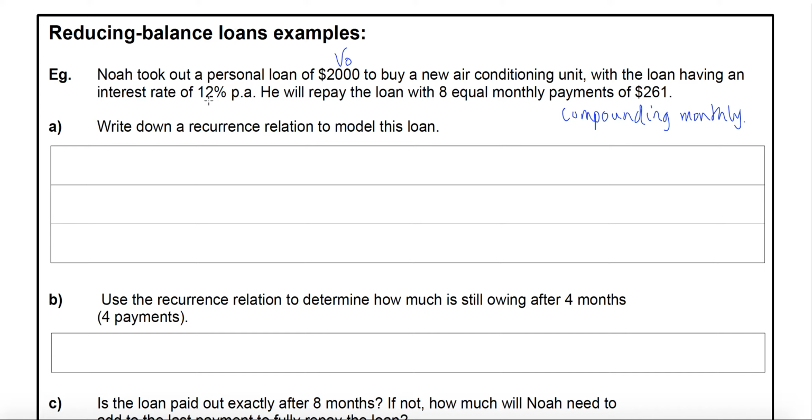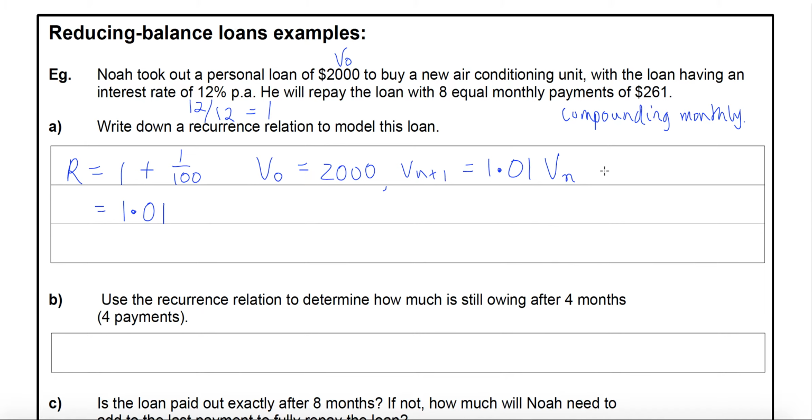Okay, so that means that our rate is actually going to be 12 divided by 12, so we've actually got a rate of 1% per month. Okay, our recurrence relation to start off with. 1.01 is our capital R value. V0 is 2,000, and then of course we're doing 1.01 times Vn, and the payment is given to us, it's 261, so we're taking off 261.